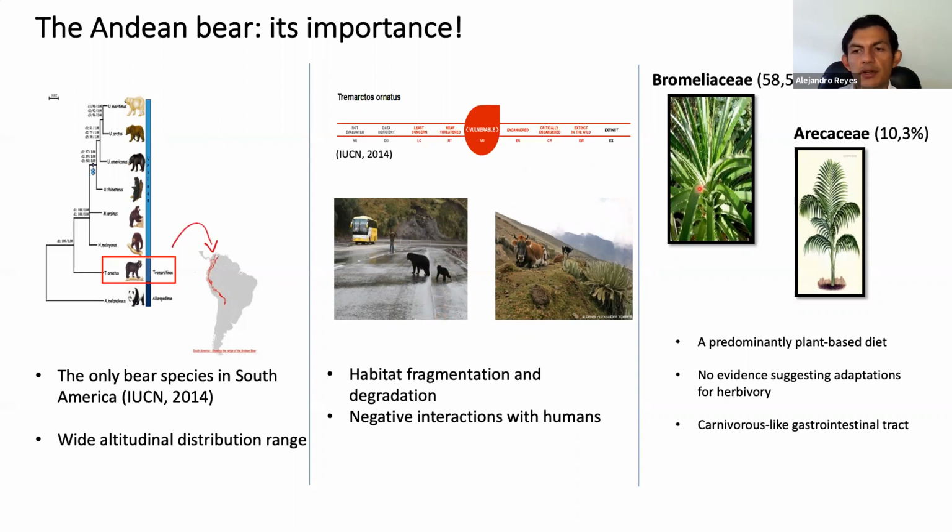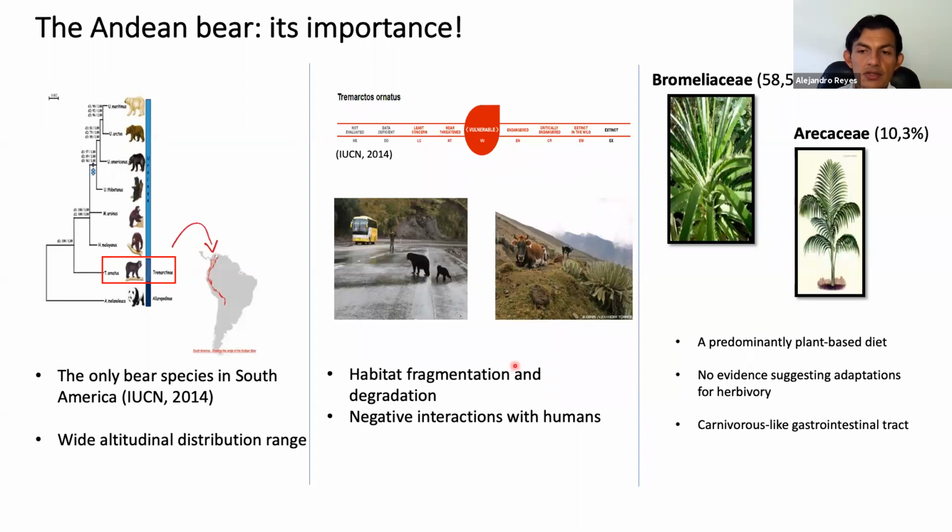Importantly for this bear, even though like the other bears it has a physiology mostly of a carnivorous animal, their diet is mostly plant-based. Most of their diet depends on different plant species that are found in the paramo.